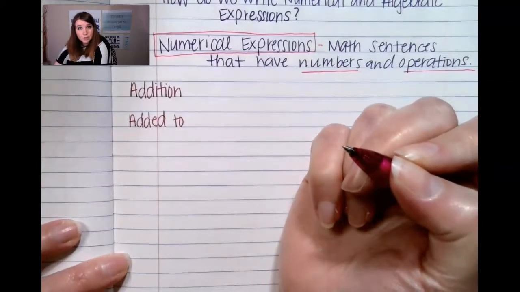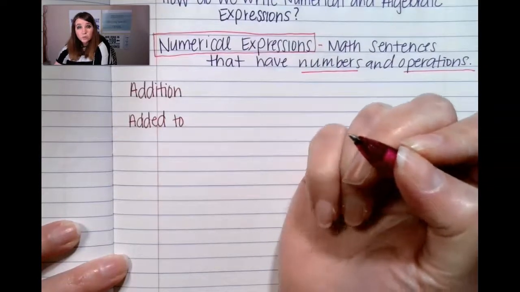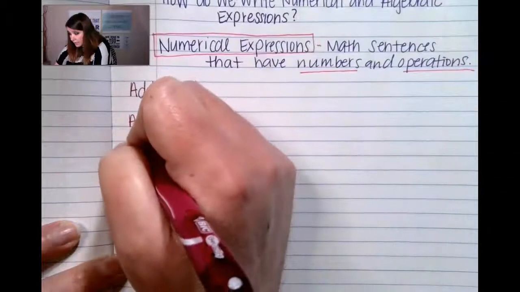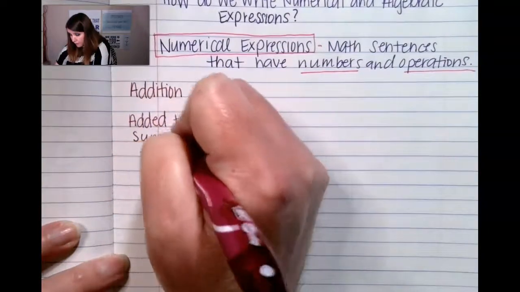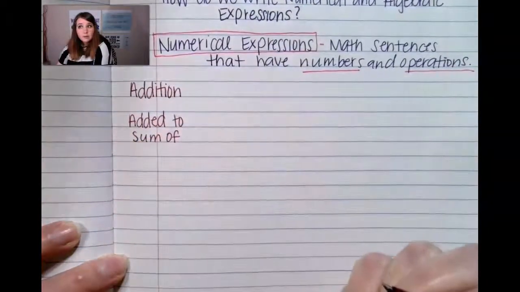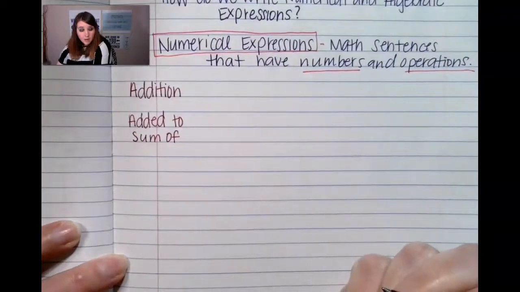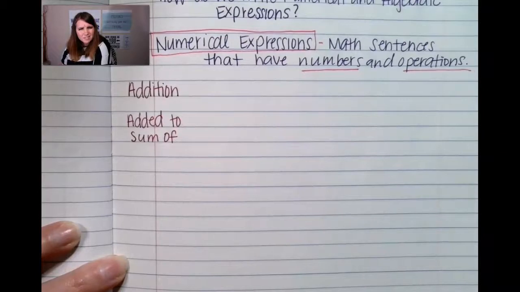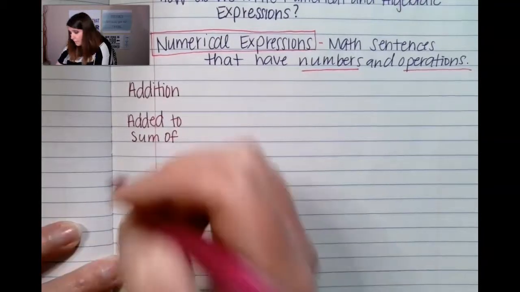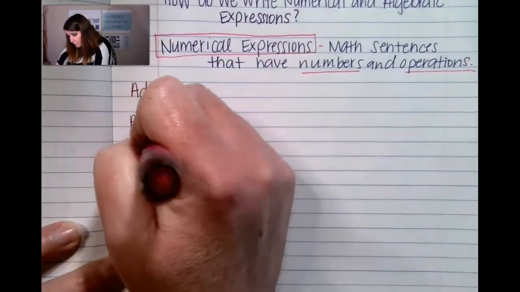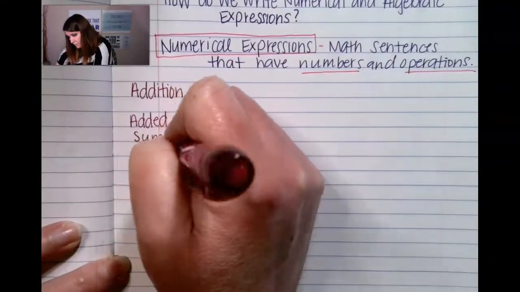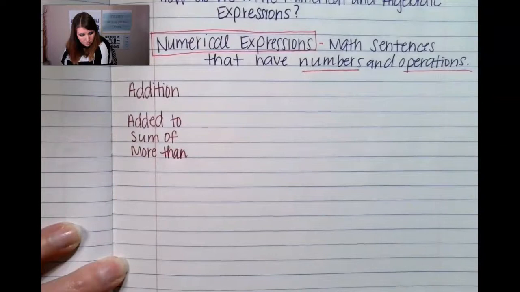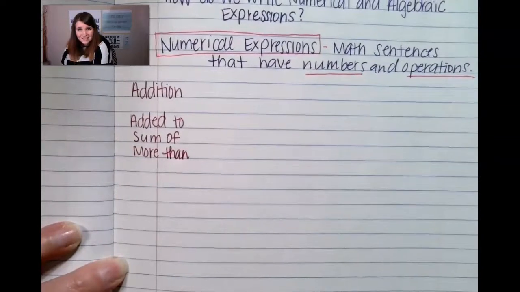Another clue word you might see out in the world when you're reading problems would be something like the sum of. Another clue word that signals to you, ooh, I better use addition, would be something like more than. The word plus, right?